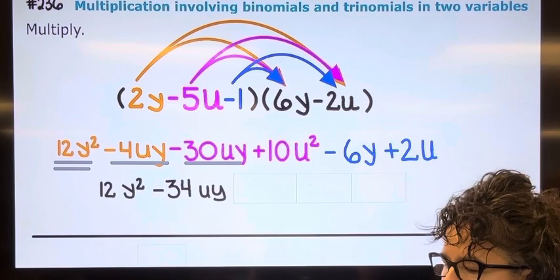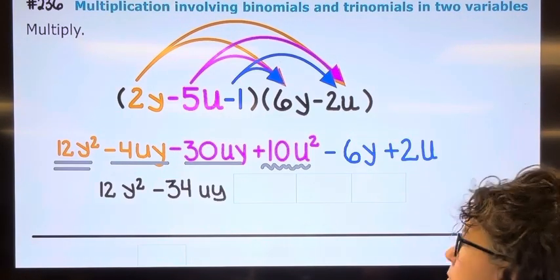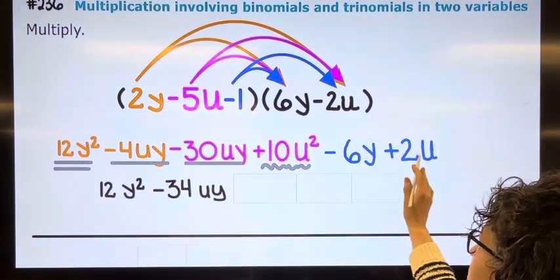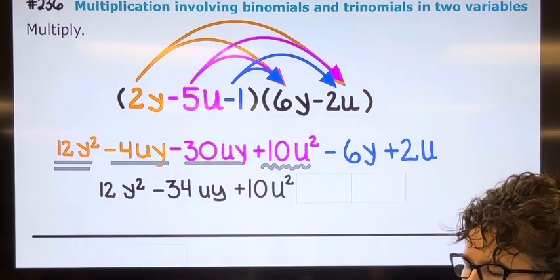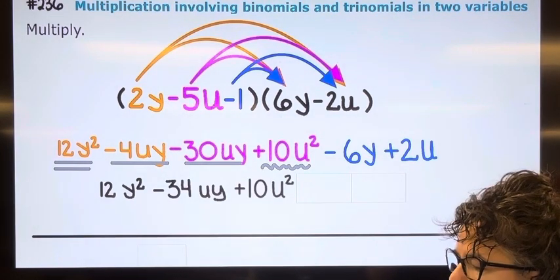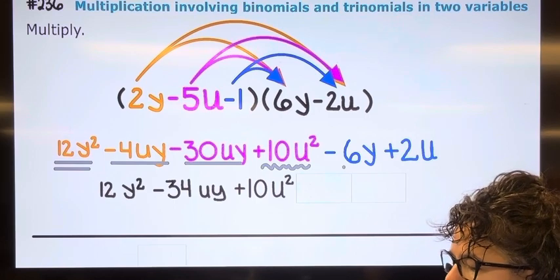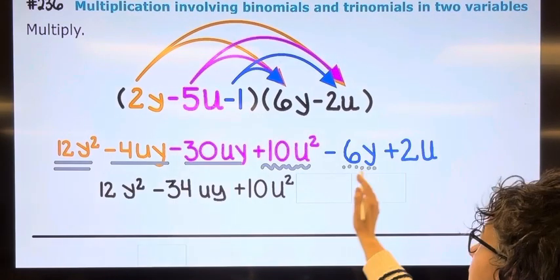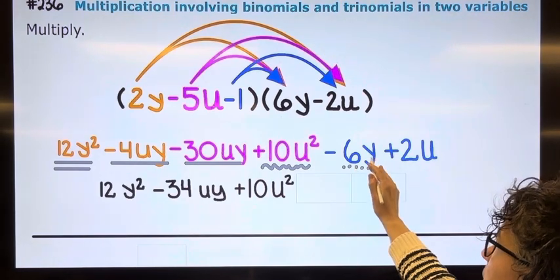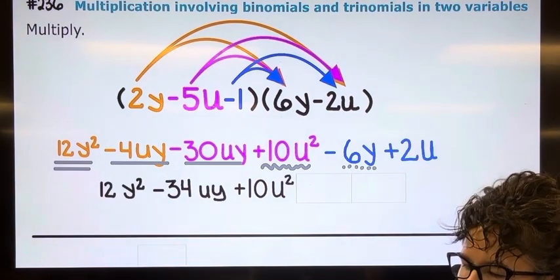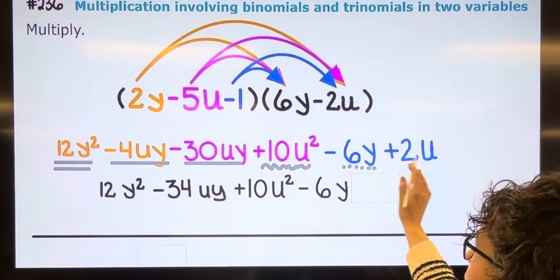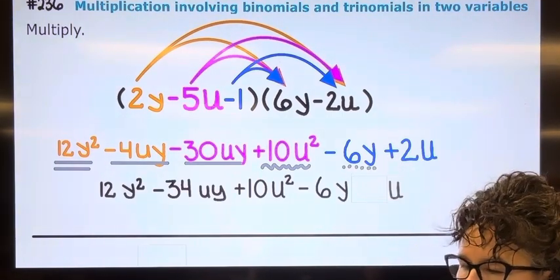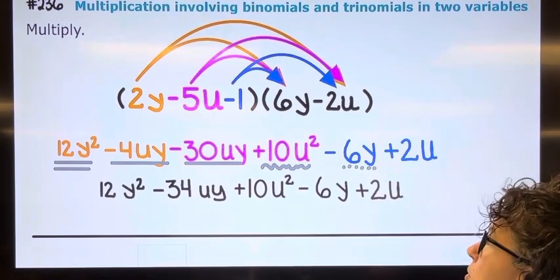And then let's look for any other u squareds. Those are not u squareds, so we just have 10 u squareds. And then if I start looking for any y's, those aren't y's, so those just come down, minus 6y's, and then 2u, nothing matches with that, so we have 2 of those.